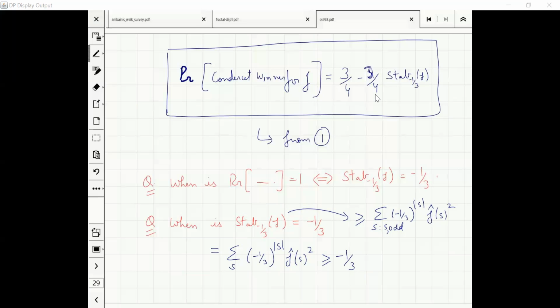Now the maximum negative value will happen when the cardinality of S is equal to 1. This proof is also showing us that equality holds if and only if, when will this exactly be equal to -1/3? When f hat of S is nonzero only for odd sized S. No. When |S| is 1. Yes. When all my Fourier weight is concentrated in the first level.